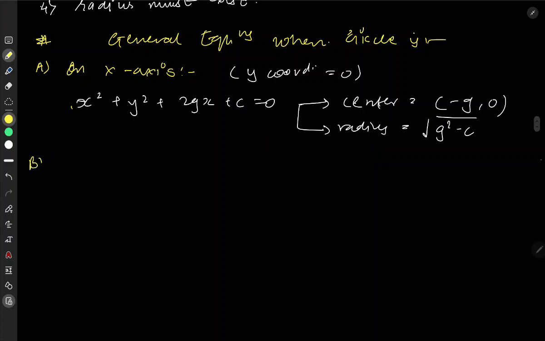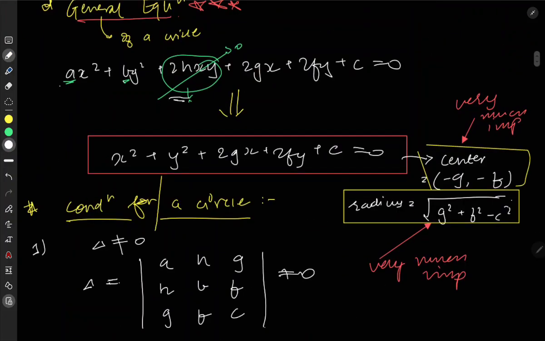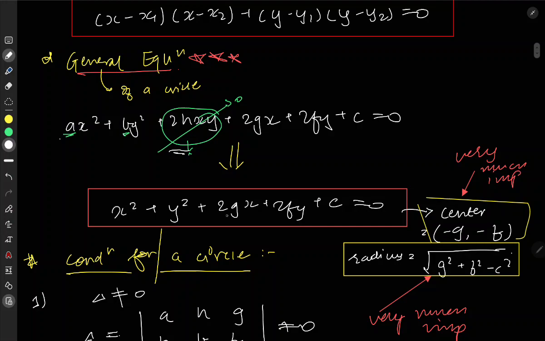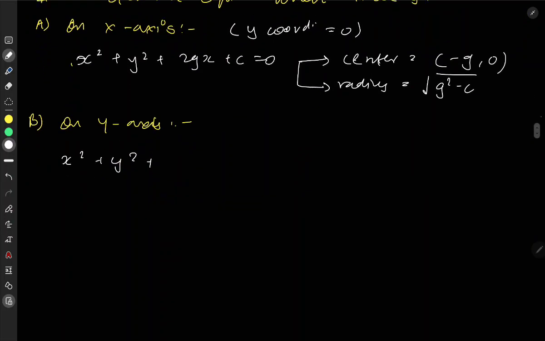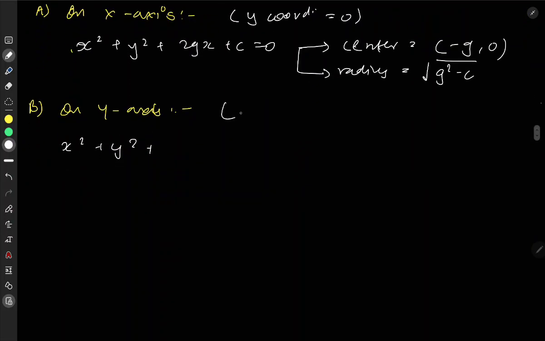Let us discuss the second case on y-axis. So the equation becomes x square plus y square plus, now let us see, the gx term would be 0 as on the y-axis. This indicates that the x coordinate of center is equal to 0.